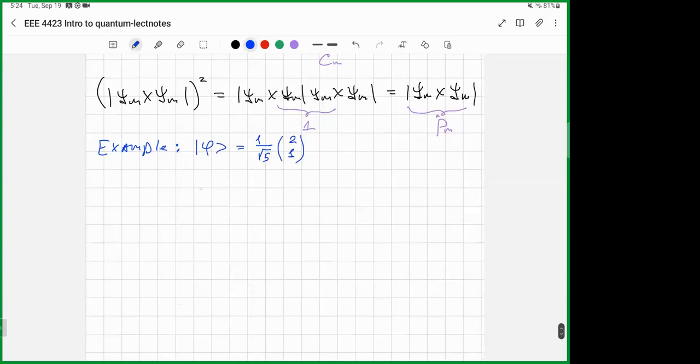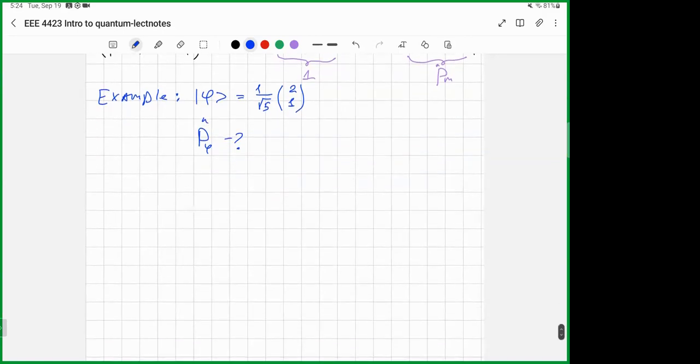We need to construct the operator that projects on the state phi. So this is the goal.